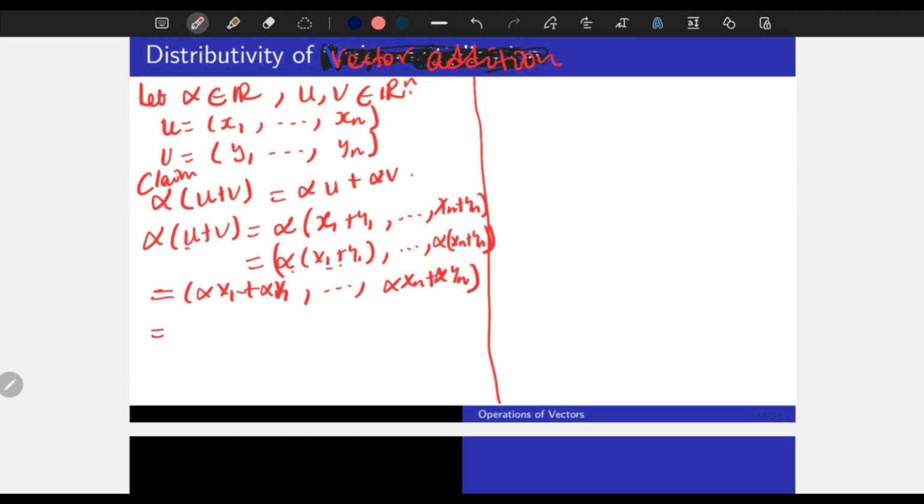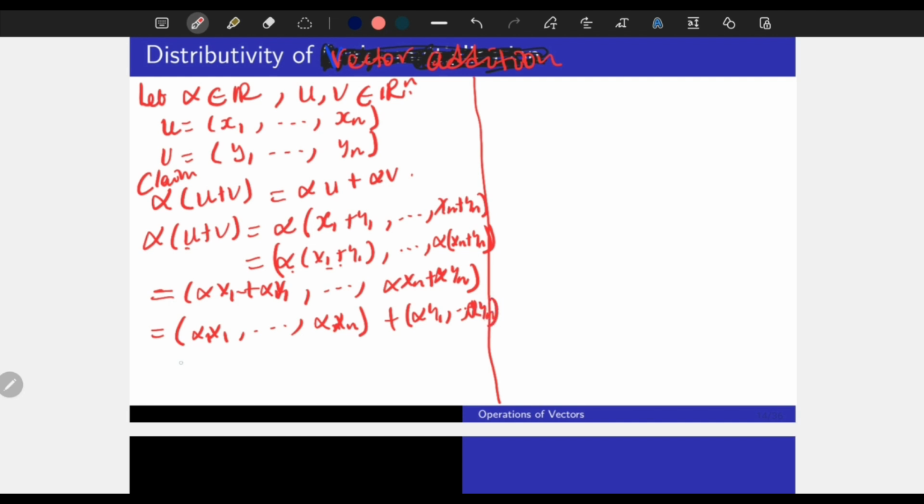We can split these, so we are left with alpha x1 up to alpha xn plus alpha y1 up to alpha yn.